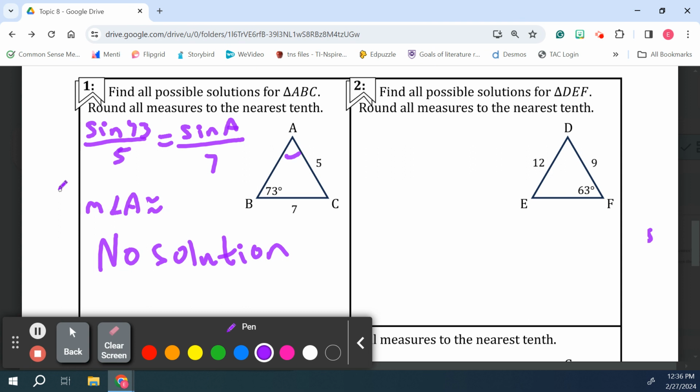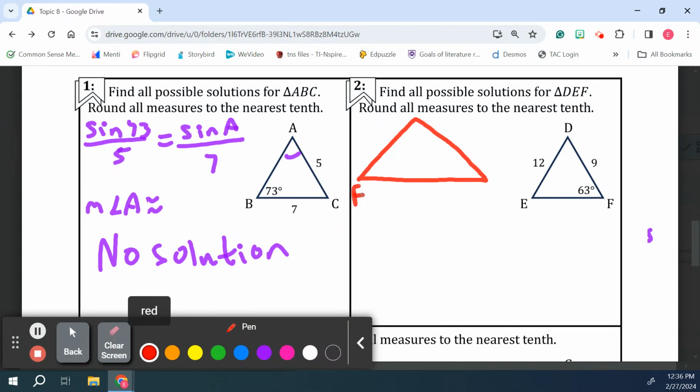All right. Number 2. Says find all possible solutions for triangle DEF. Round all measures to the nearest tenth. So I am going to redraw this triangle. Why? Because it's going to make life a lot easier if I do. And how I set this up is usually like this. I draw just to make it bigger. What they give you is kind of crap.